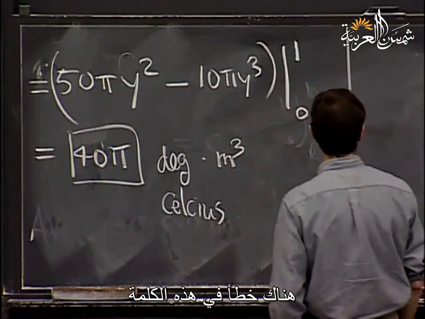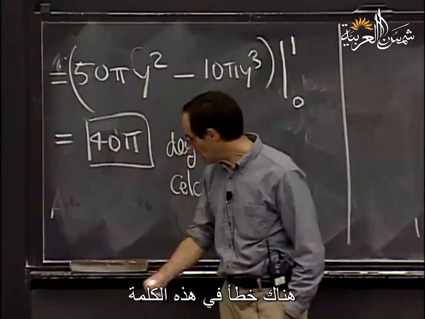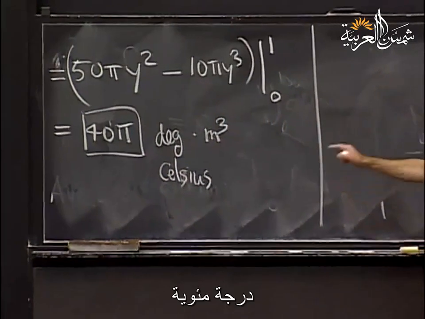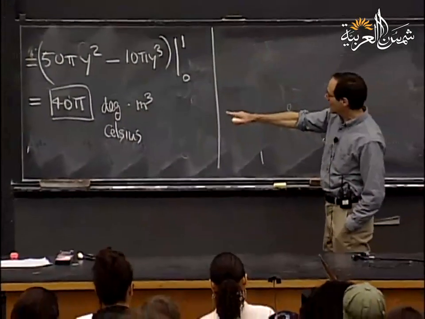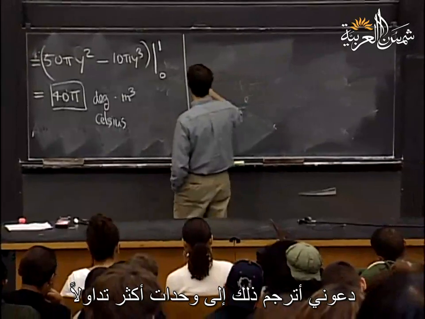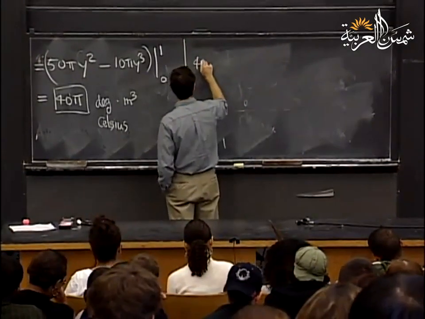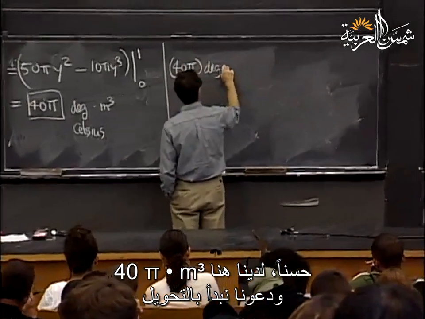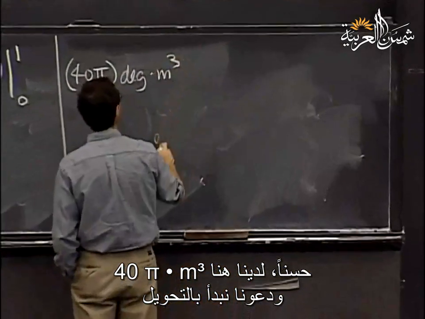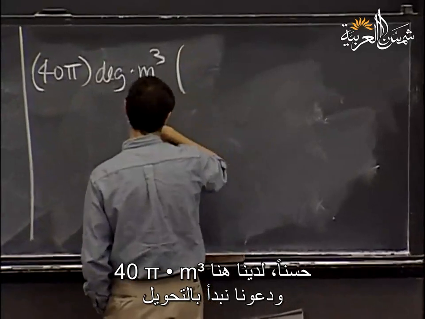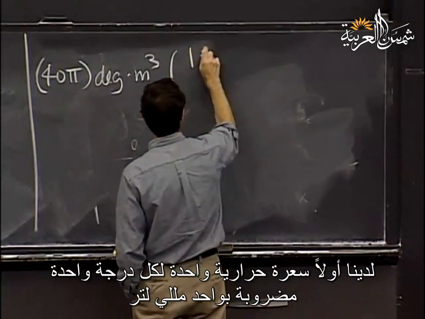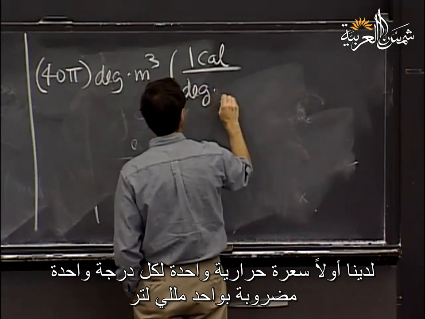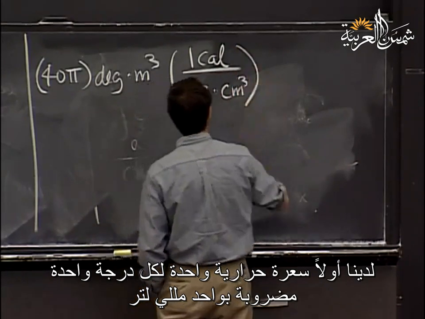And now I can translate this into units that you're more familiar with. Celsius is spelled with a C. So let's try 40 pi degrees times meters cubed, and then do the conversion factors. First of all, there's 1 calorie per degree times a milliliter.